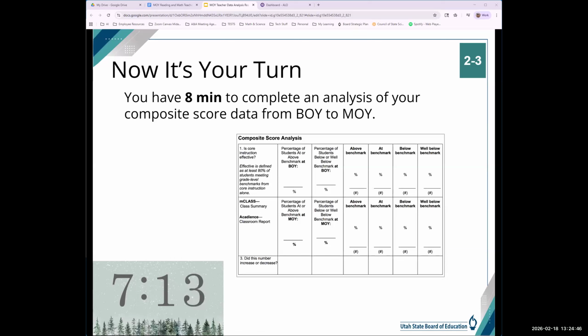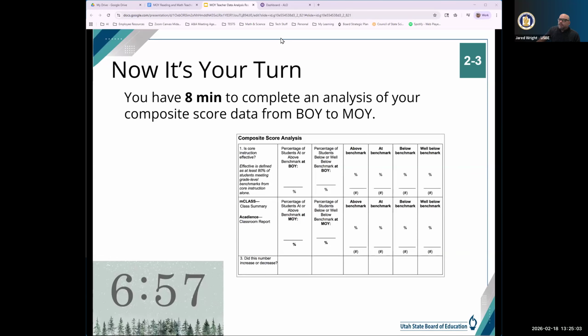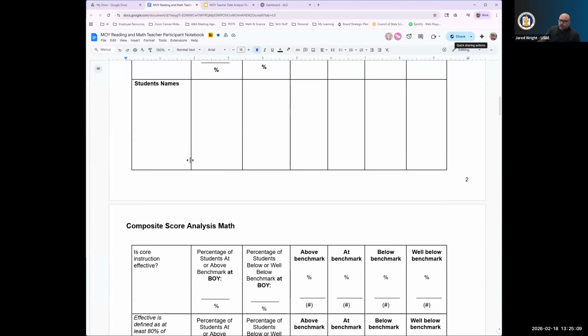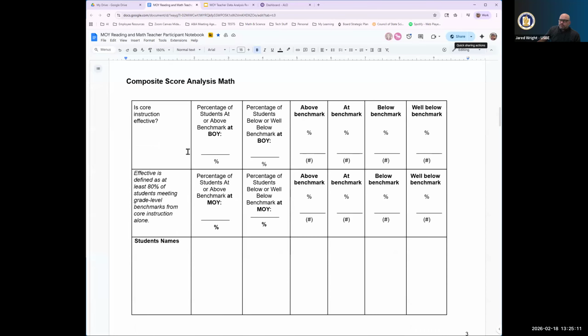Thank you. I just put in the chat a link to the participant notebook that you can use. We are looking at the data for composite scores, and looking at the participant notebook page 2 or 3, so for reading or for math.